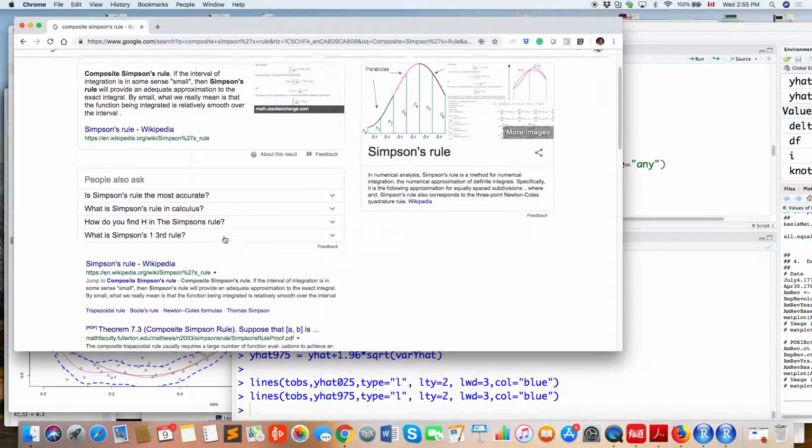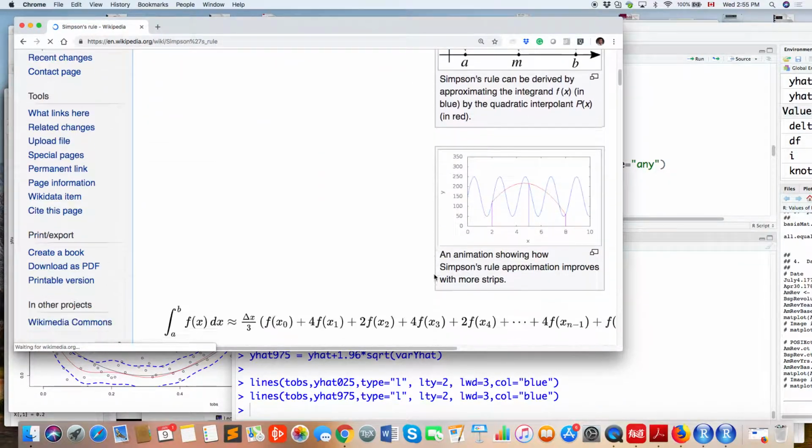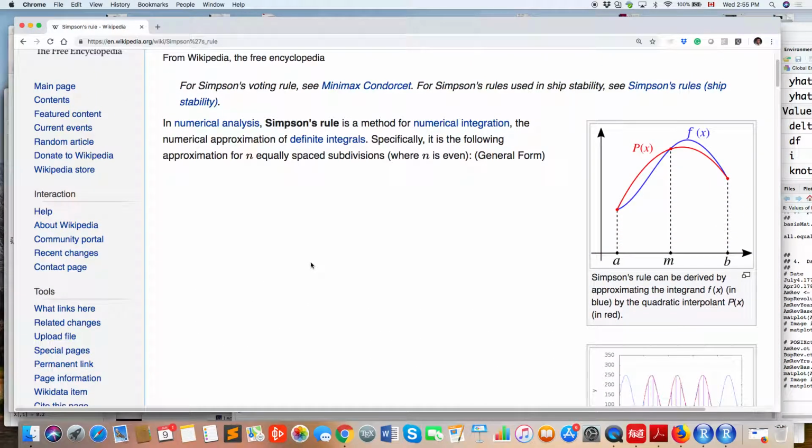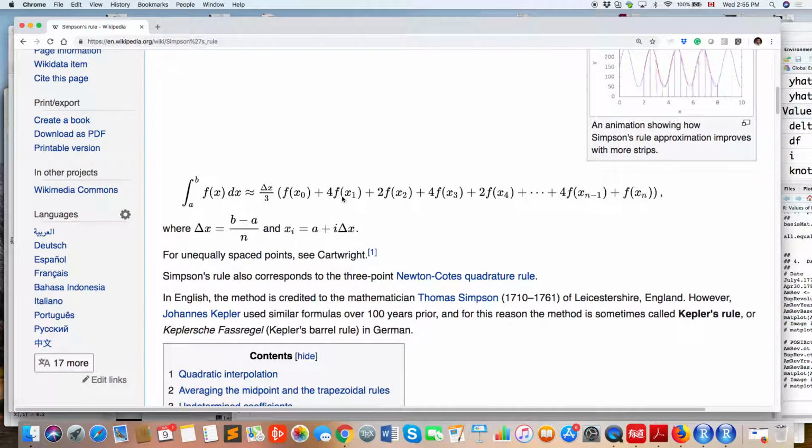If we Google the composite Simpson's rule, basically when we estimate the integral of a function, we write this integral as a summation at certain points, and they put a weight: the boundary part will be 1, and then 4, 2, 4, 2, and 4 until 1 at the boundary, and multiply by the length of the partition divided by 3.